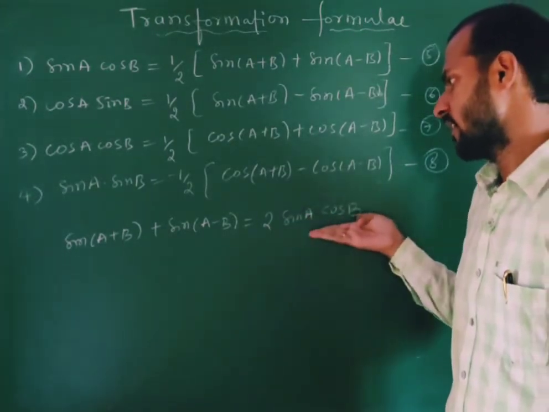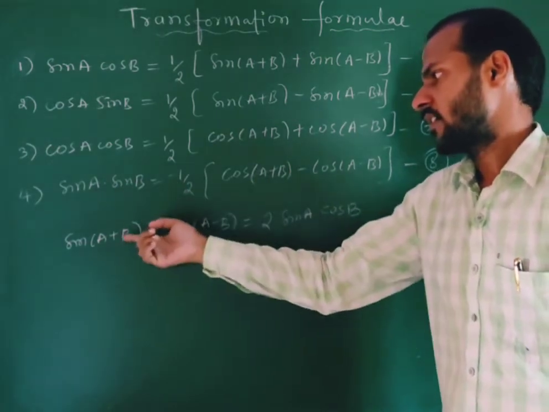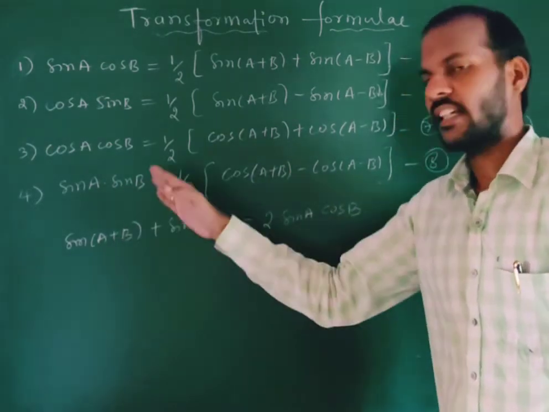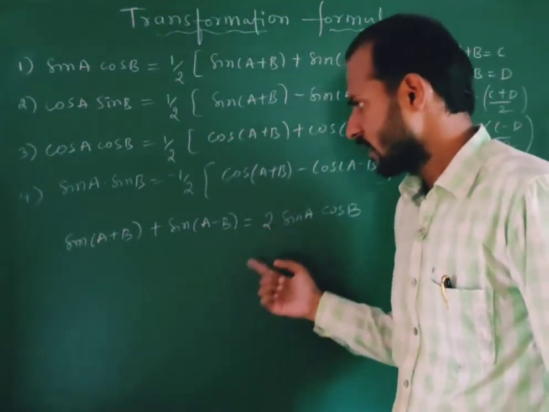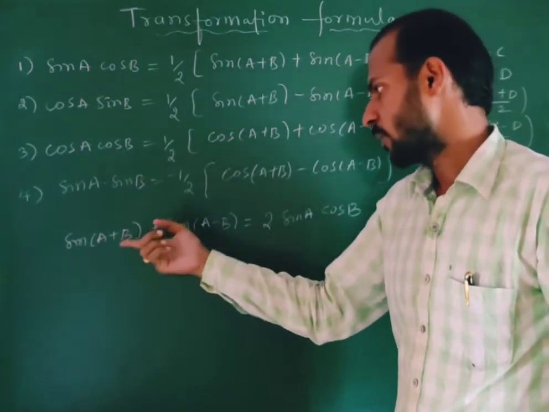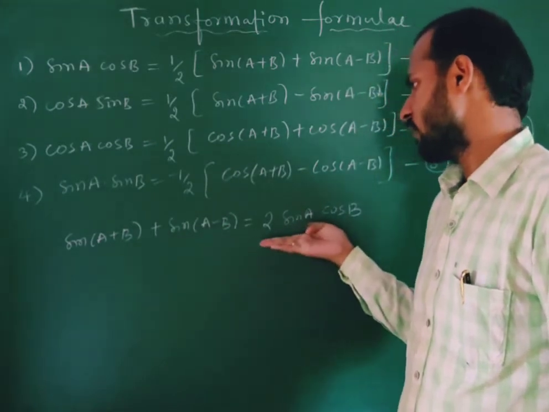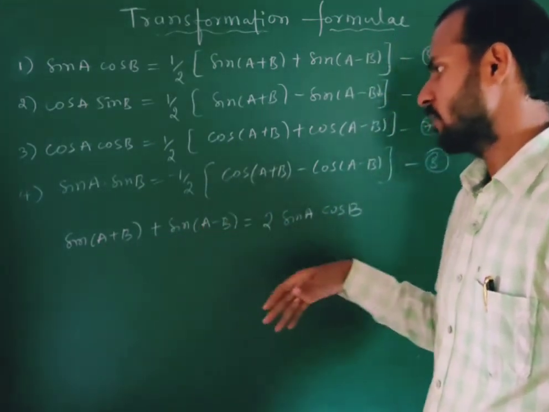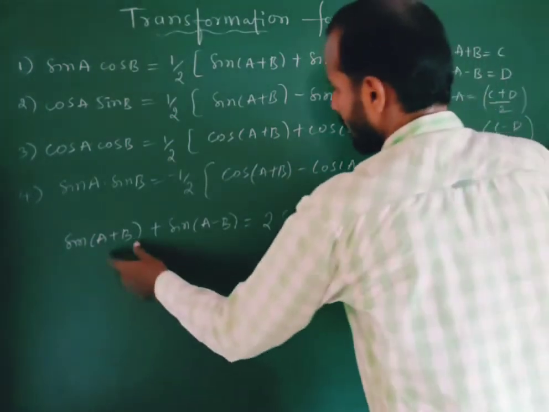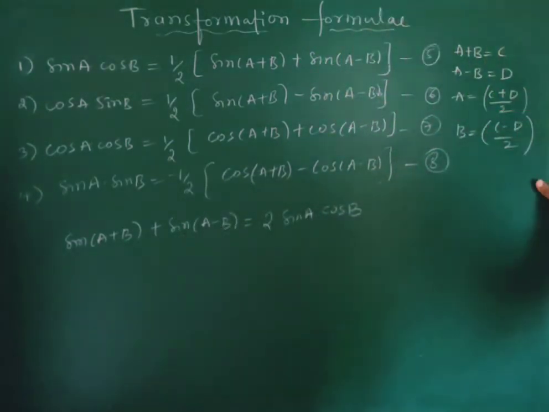The 2 is as it is here. In the previous solution we had taken this to the LHS, therefore it became 1 by 2. Now it is as it is, 2 sin a cos b. Therefore, sin a plus b plus sin a minus b.